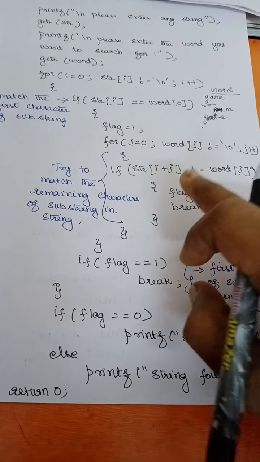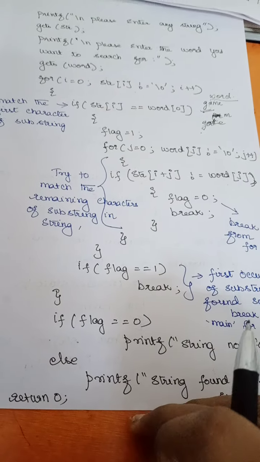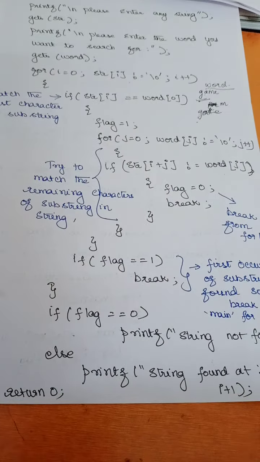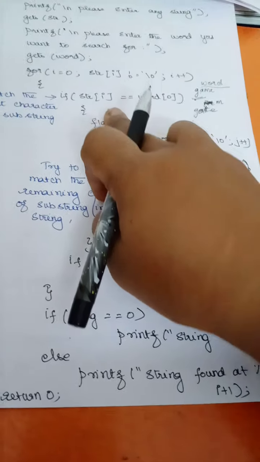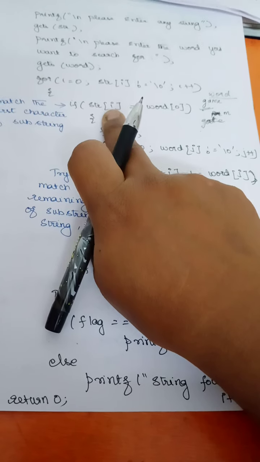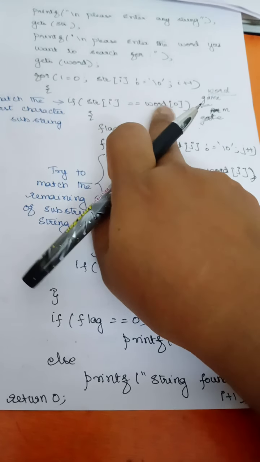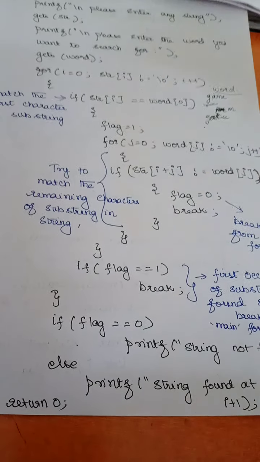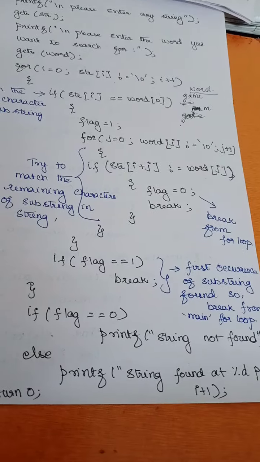So once it matches, I can come out of the entire for loop and print that the substring is matched. And how to print the location? Here I is nothing but the beginning of the location where the substring matches. If it matches, then I can print the I value. If it is not matching, then I need not print the I value. Clear? Right.